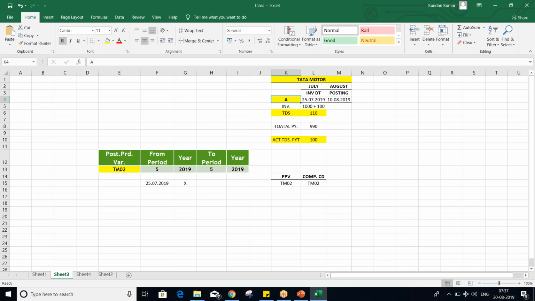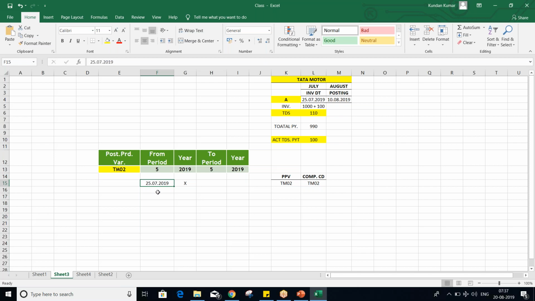Why does this transaction need to be posted on 25th of July? Because if you post on the 25th, from there itself there is a contract between the vendor and the company: for whatever invoices we receive from the vendor, the payment will be made after 30, 45 or 60 days from the date of posting.